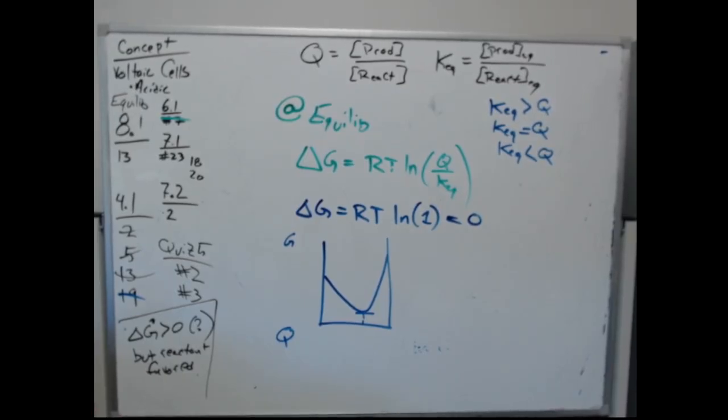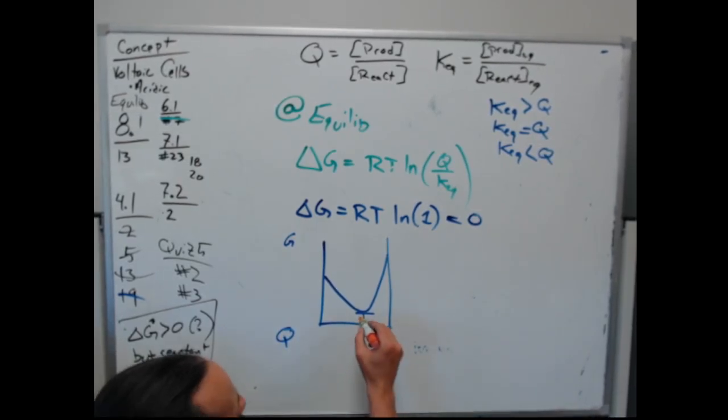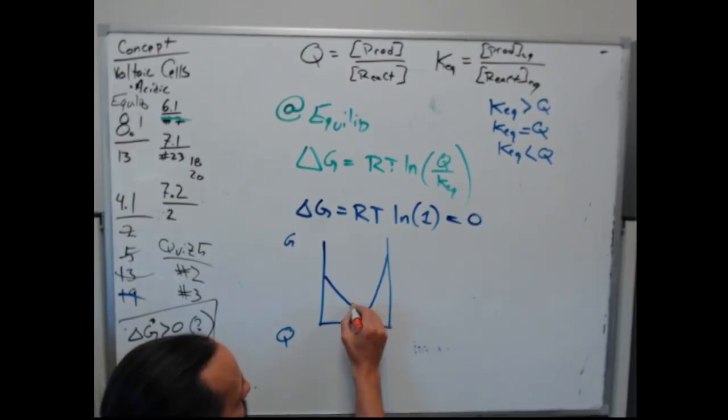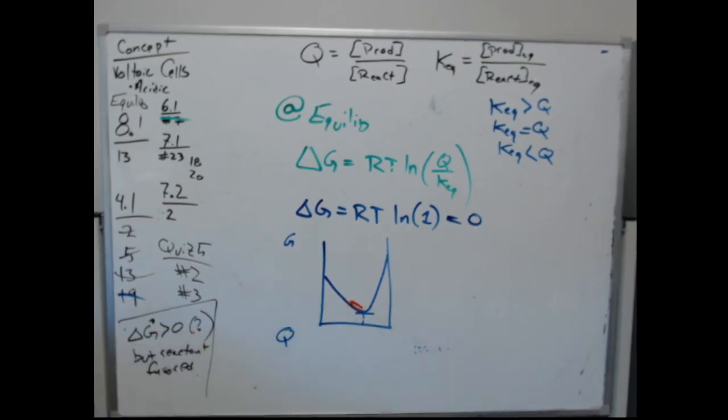Okay. So if we put more reactants in, right? We were at equilibrium. We put more reactants in. That's going to send us up this way. Now we have to go back towards products to get back to equilibrium. So that should increase the amount of copper, decrease the amount of iron, right? Because we've got to react more to get back to equilibrium.